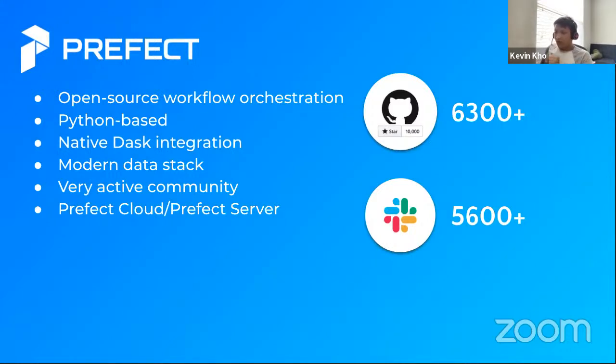Prefect is an open source workflow orchestration tool, mainly Python based. It was intended to handle the modern data stack. So our founder was part of the Airflow maintainer committee. He at one point had the third highest commits in Airflow, and he proposed a list of changes that would get Airflow equipped to handle the volume of data today.